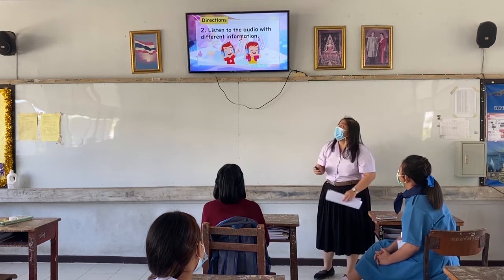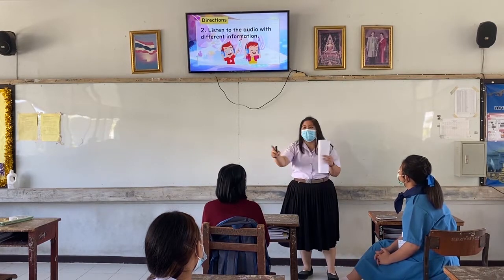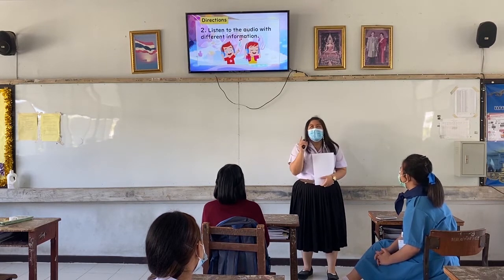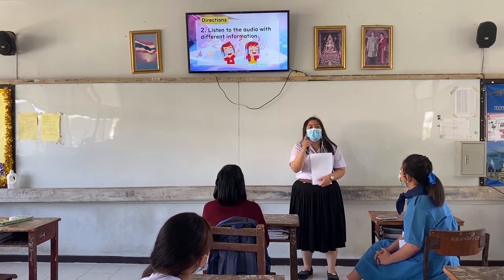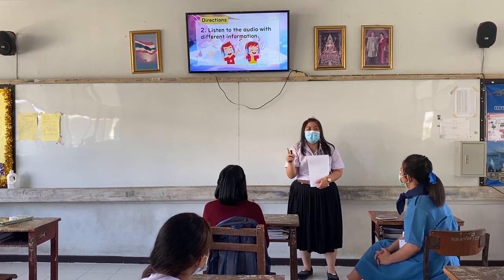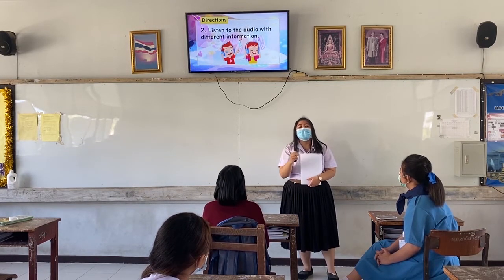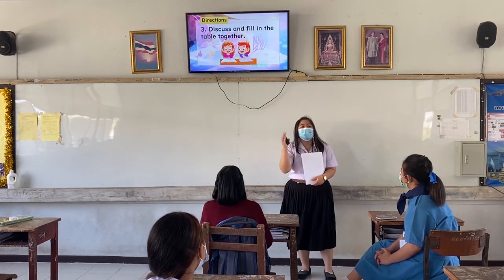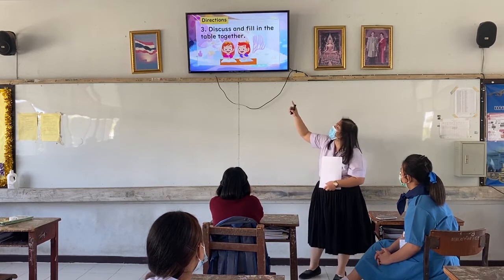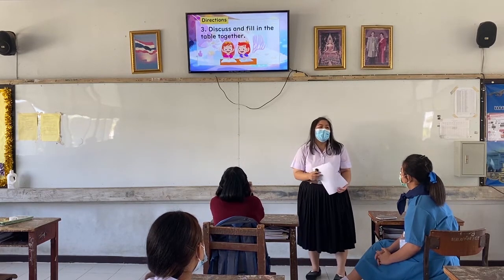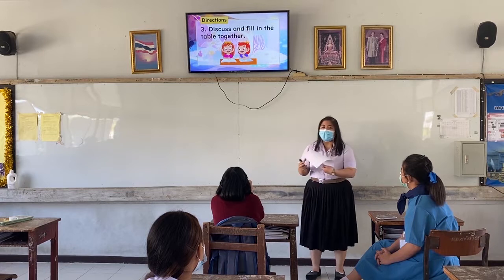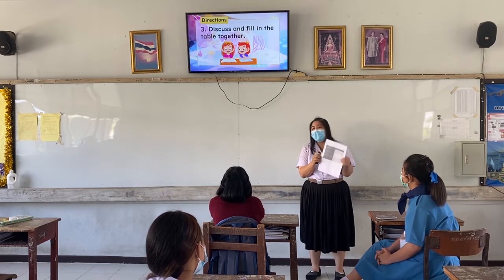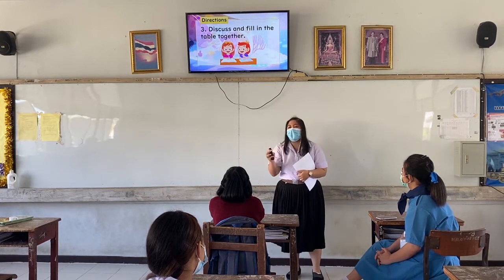Next, listen to the audio with different information. Each one in your group has to listen to a different audio. That is the different information. Then come back to your group, discuss and share the information that you got, and then write it down on the handout. Okay? Now, get into groups of 3.